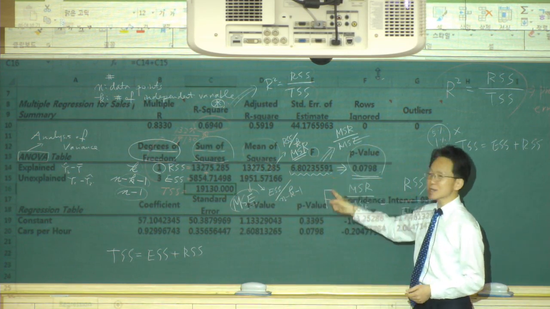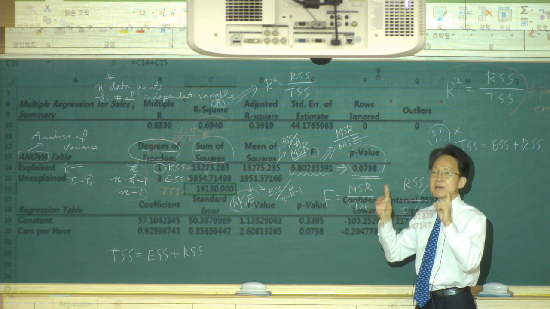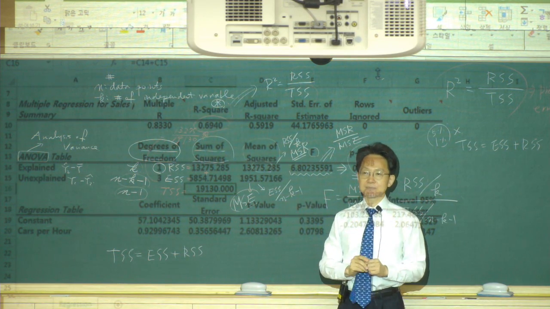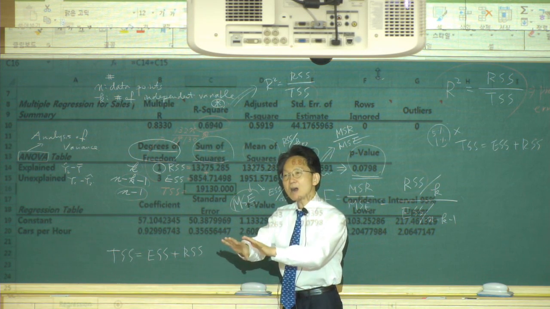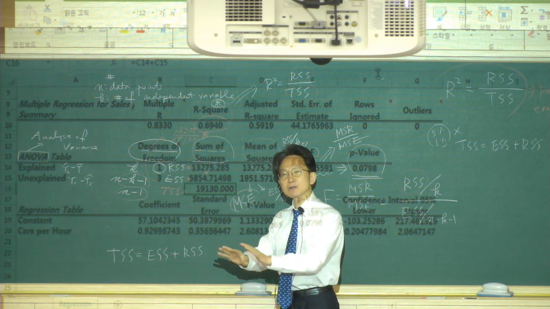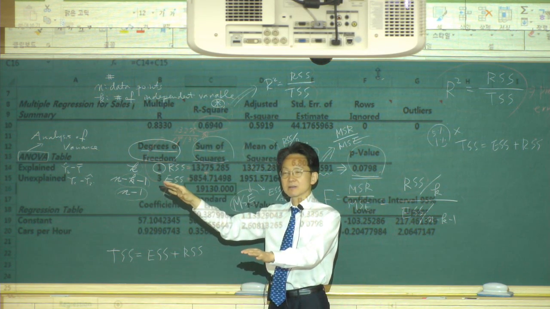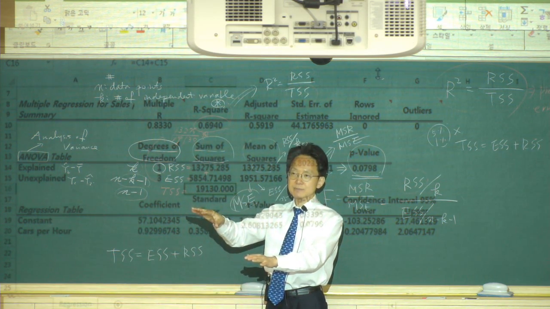And this one also tells us whether the regression line is good or bad. But they are not exactly the same. Because this one tells us, out of these total errors, how much I can actually explain with my regression model.